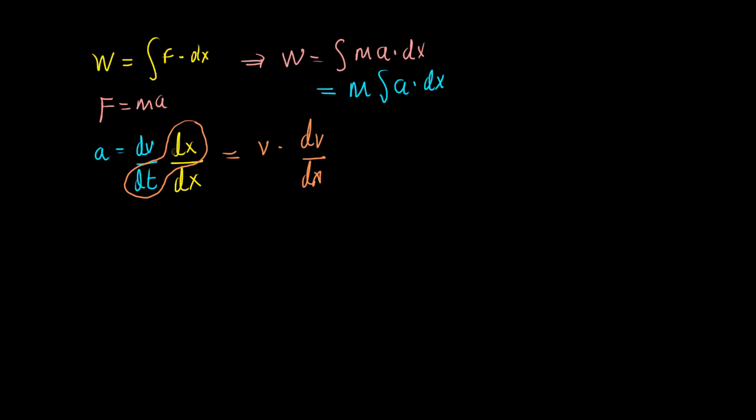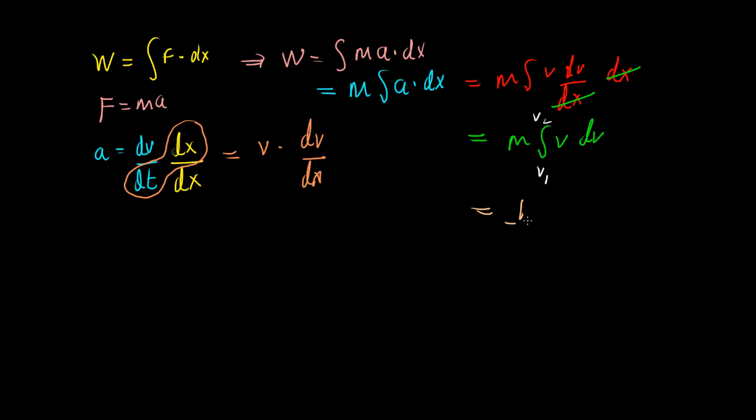So this becomes m times the integral of v dv/dx times dx. You can see that these dx cancel, and you get m times the integral of v dv, and the integral will go from v1 to v2. So what does this become?